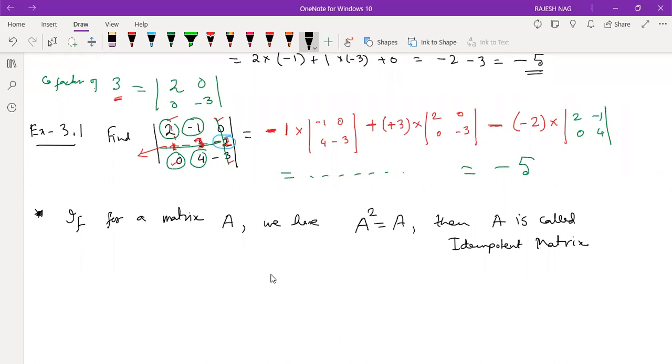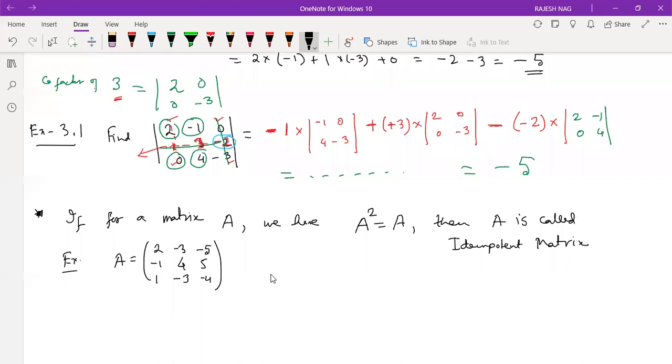Same matrix returns. If that happens in some particular calculation, let us go for this example. Simple. Take A equal to 2 minus 3 minus 5, minus 1 4 5, 1 minus 3 minus 4.